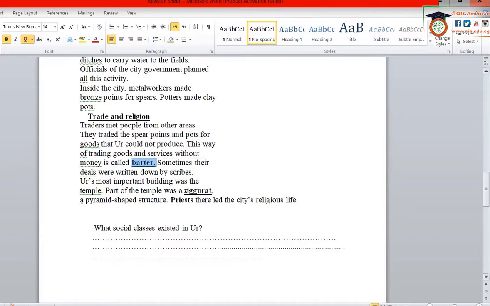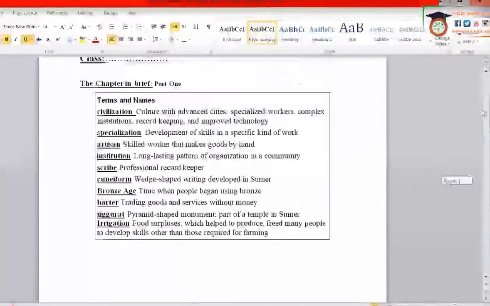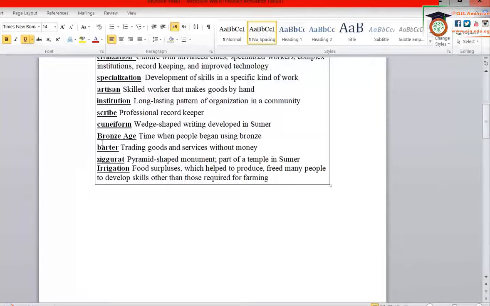Barter is one of the definitions that we are supposed to memorize. Barter means trading goods and services without money. Pretty important. Okay.